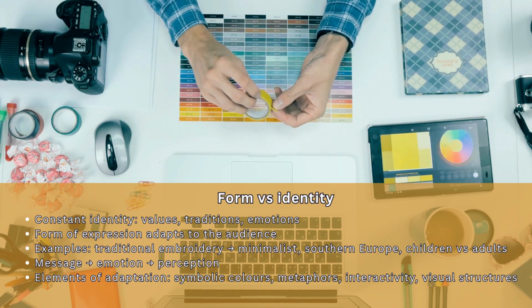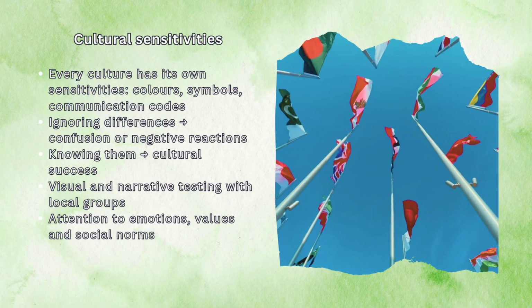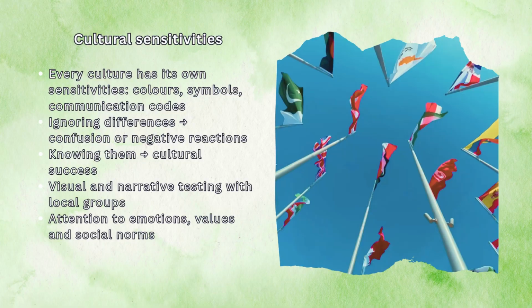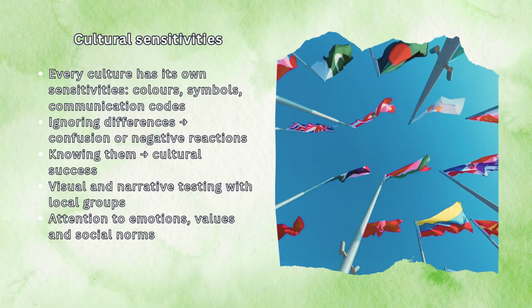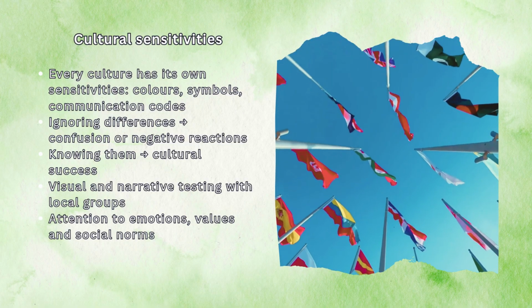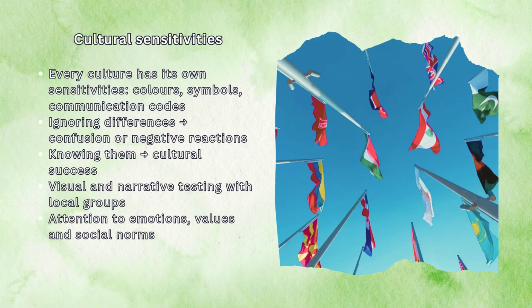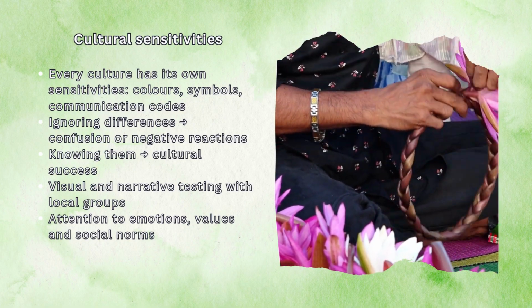Every culture has its own sensitivities, colors, historical and religious symbols, or communication style, direct or subtle, formal or emotional. Ignoring these differences can create confusion or negative reactions, while knowing them can turn the idea into a cultural success.